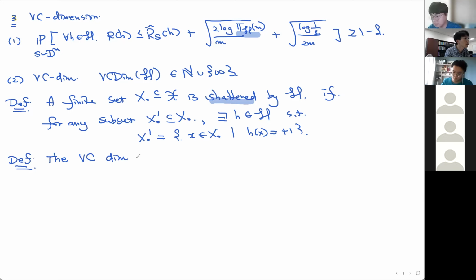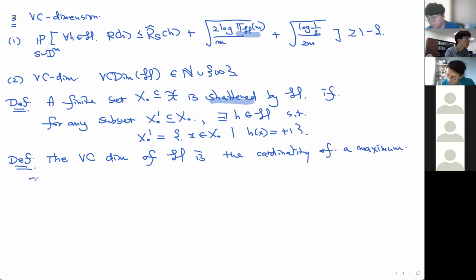This is a semi-formal definition: the VC dimension is the cardinality of a maximum shattered set.